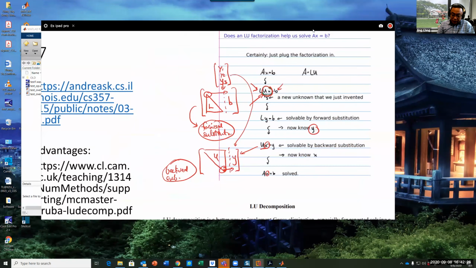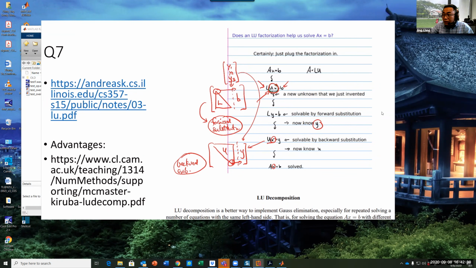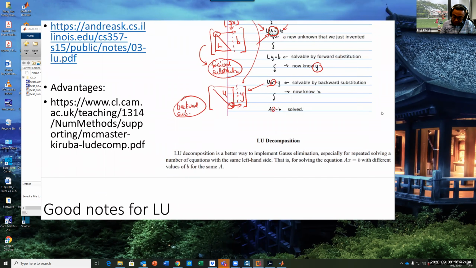And the reason why we use LU factorization is this. LU decomposition is a very efficient method, especially when we are repeatedly solving the equation on the same left-hand side, which is the A, but on the right-hand side, we keep on changing different B. So the A is fixed, but B is not.